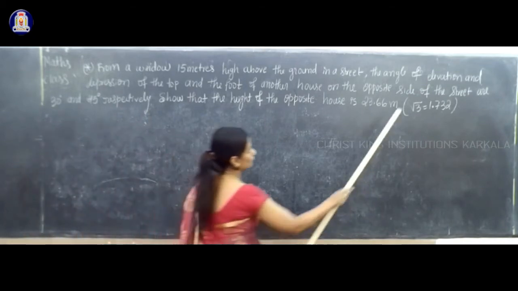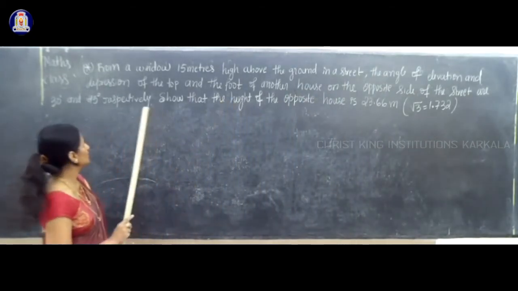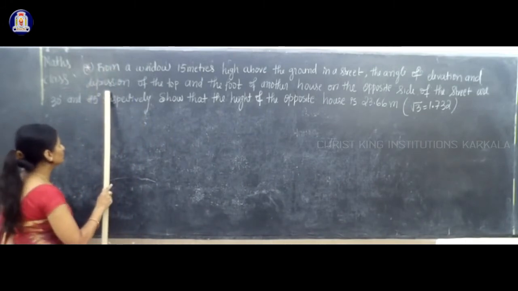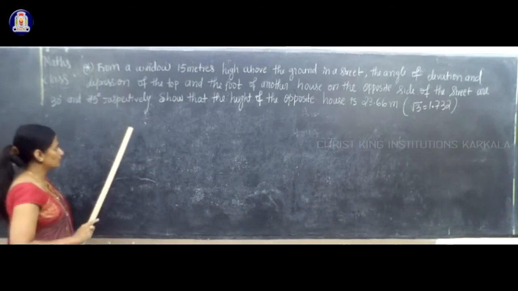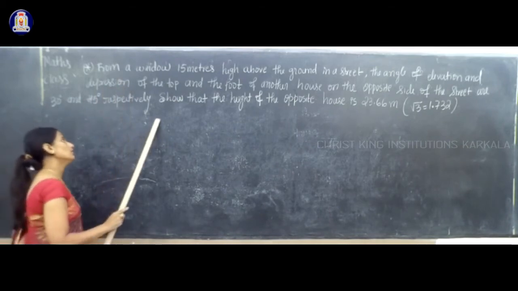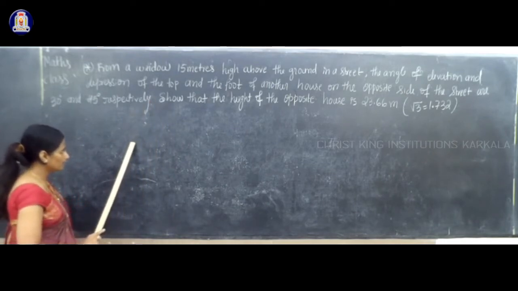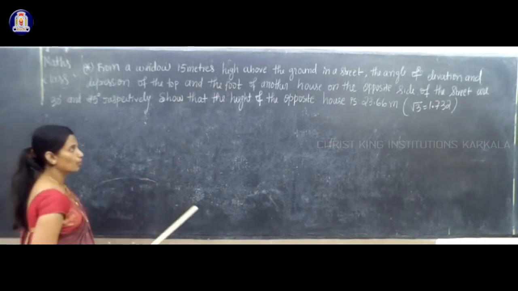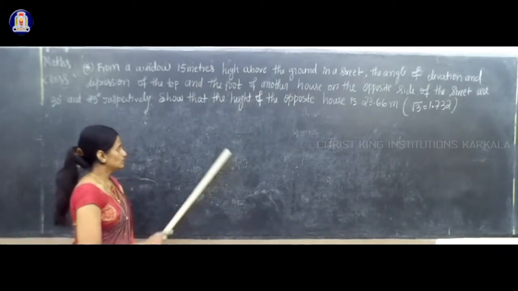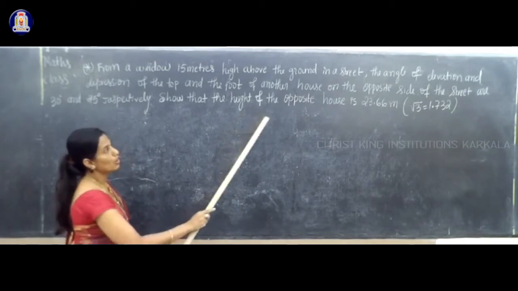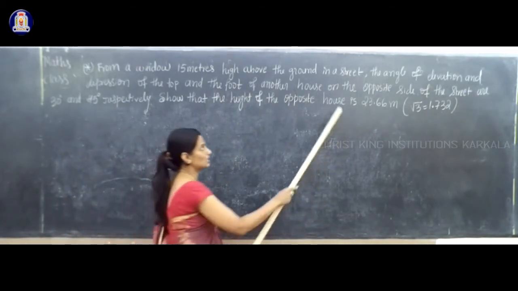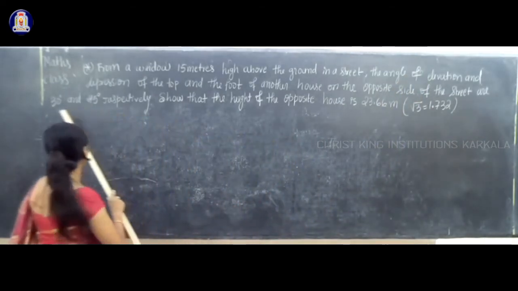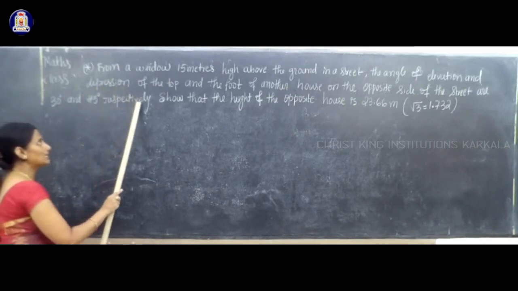The angle of elevation from the window, and from the window the angle of depression of the top and foot of another house on the opposite side of the street are 30 degree and 45 degree respectively.